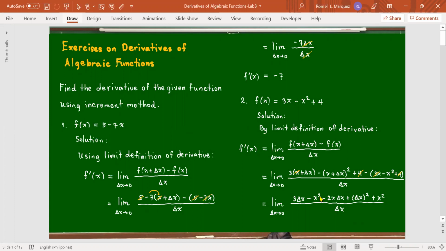So there are still terms that are eliminated. If you factor out delta x in the numerator, it will cancel out with the delta x here. Am I correct, guys? So what will be left? 3 minus 2x minus delta x. The limit as delta x approaches 0 of that.